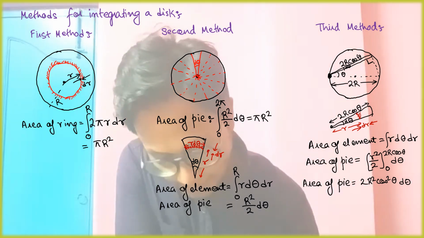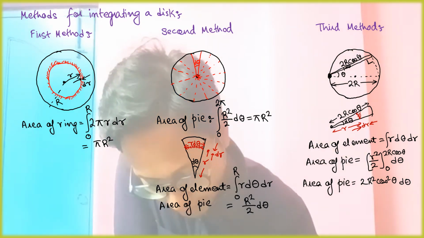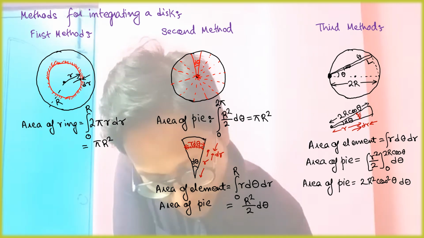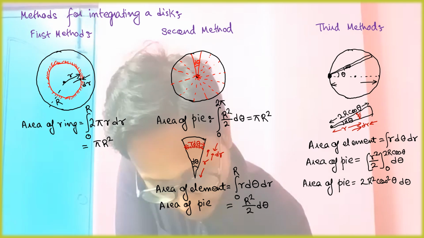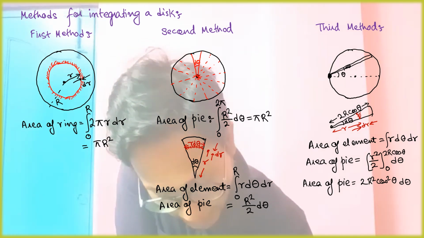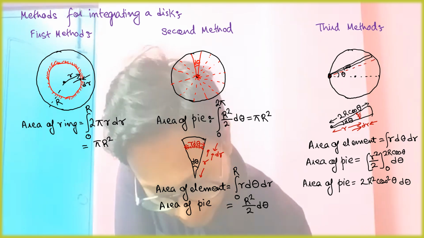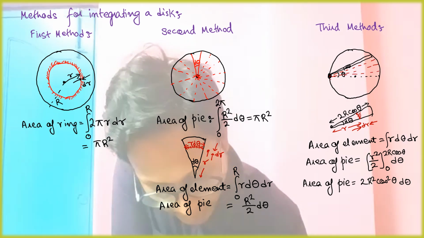Now see, if I integrate this pi for the entire circle, how does it look? So I'm clearing out the diagram a little bit. Okay, so if I integrate this pi for the entire circle, this pi, this pi.